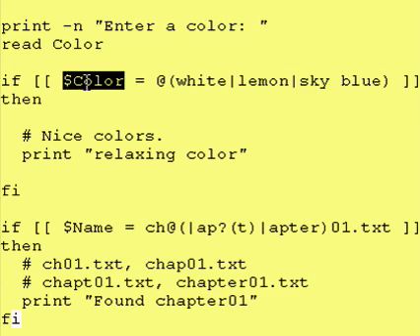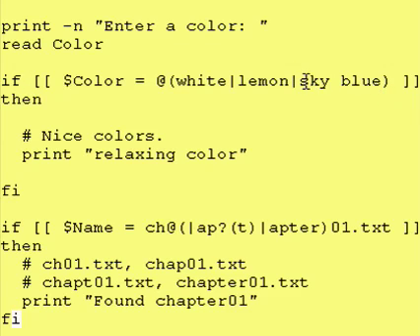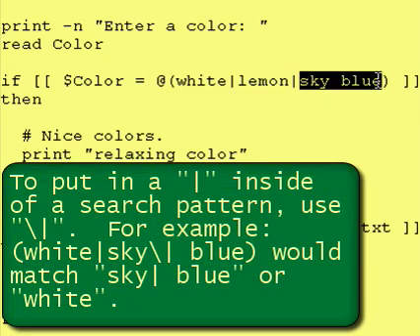So if what is inside of color matches white, lemon, or sky blue, then this test comes out true. And the other thing I want you to notice is that there is a space inside of this choice, and that's perfectly fine. The dividing character is the vertical pipe. So you can put any characters you want in between the vertical pipes in parentheses. That's perfectly fine.